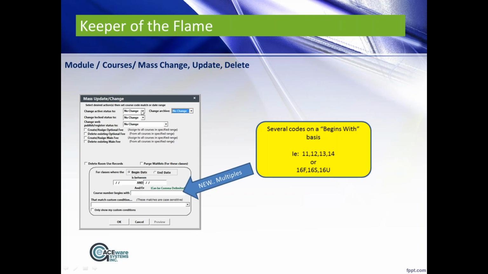You can change the active status, the lock status, and the web publish status. So if you're building courses for fall but don't want them online for registration yet because you want to tie it to the catalog release, you can do a mass publish to change your web publish status at a particular time.